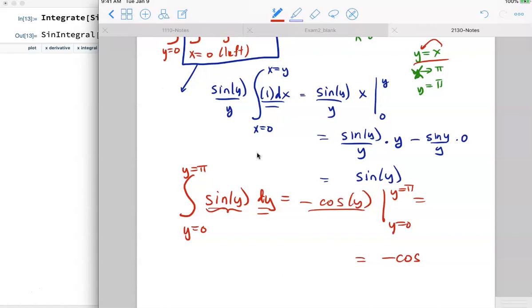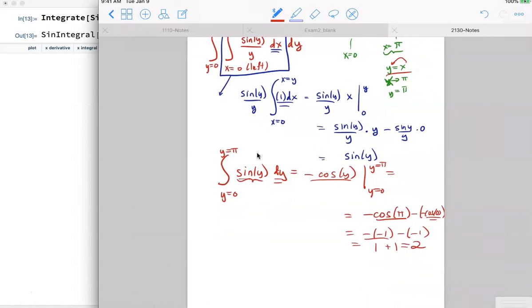It would be negative cosine of pi minus negative cosine of 0. Cosine of pi is negative 1. Cosine of 0 is 1. So we got negative negative 1, which is 1, and negative 1, which is 1. So the answer is equal to 2.